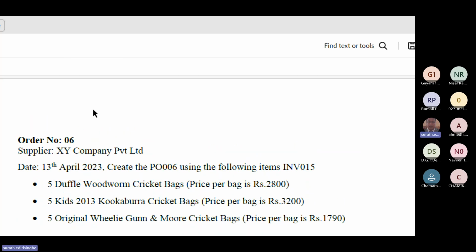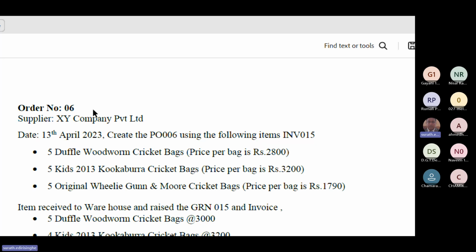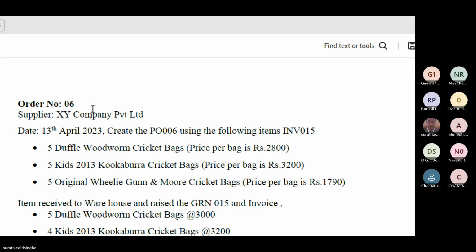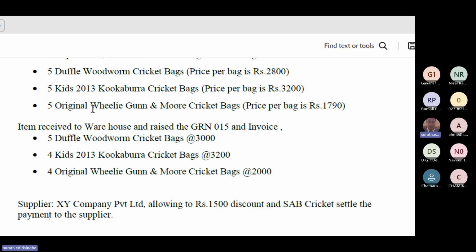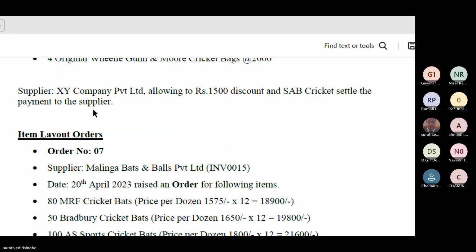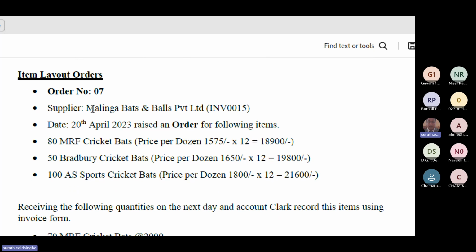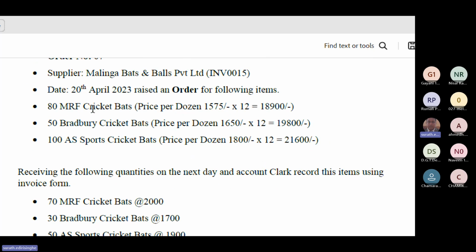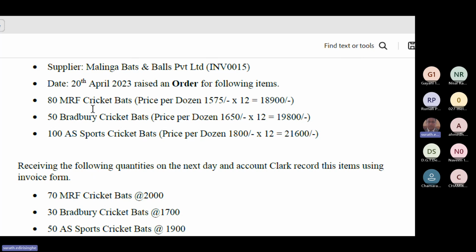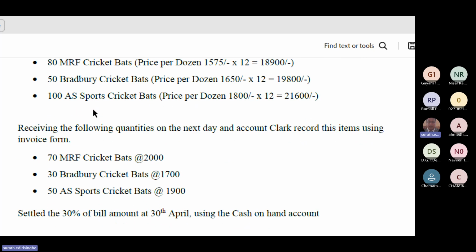Order number 6: getting the cricket bags. I think some of these transactions were completed last week. Order number 7: getting the cricket bats, 3 types of bat: MRF, Bradbury cricket bat, and A Sport cricket bat.